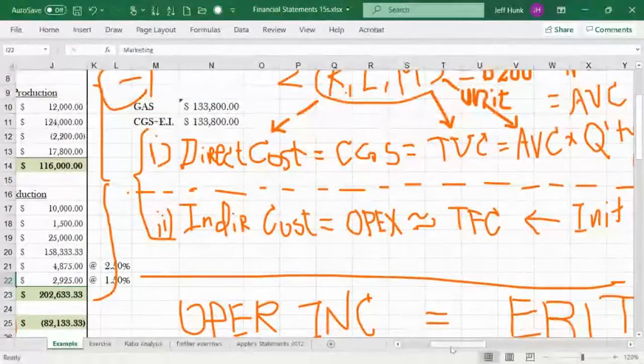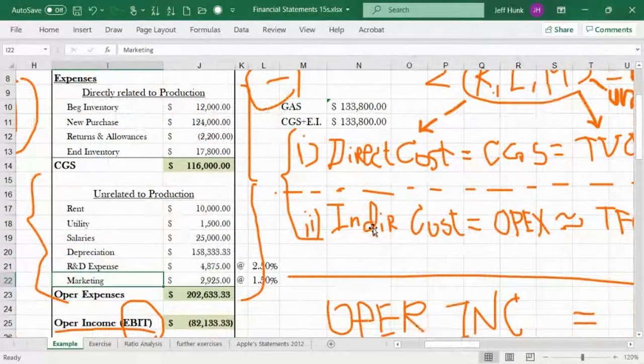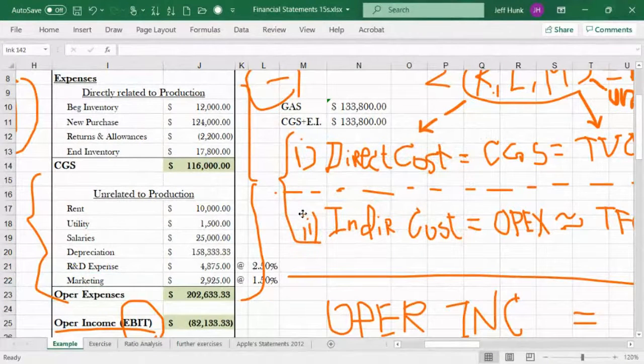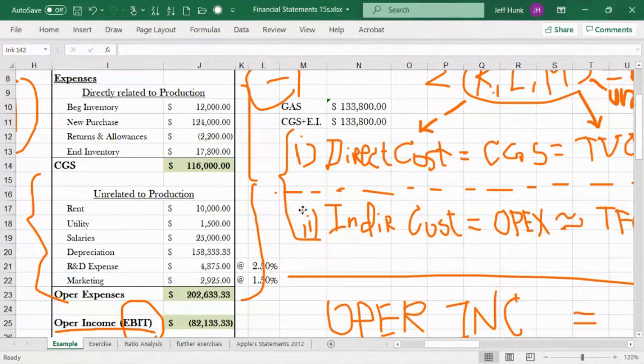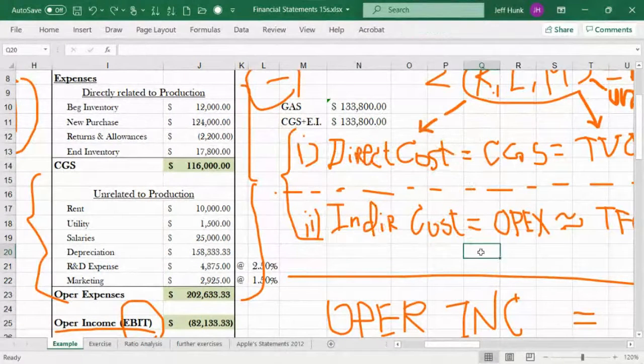Of course, it is indirect cost because it's not directly related to production. It's mostly unrelated to production, and at best, indirectly related to production. And these line items are exactly like those.